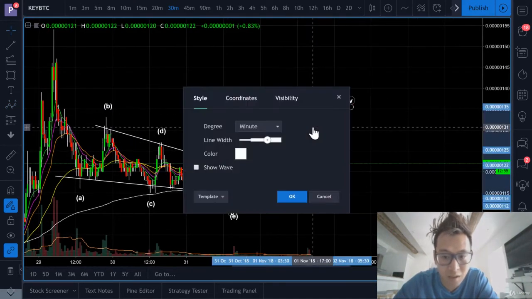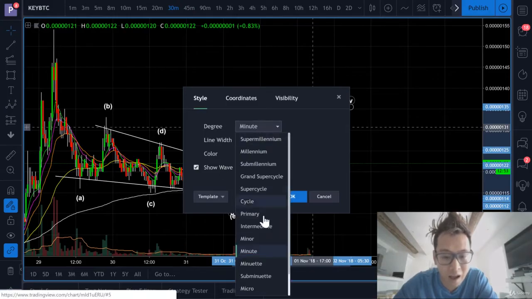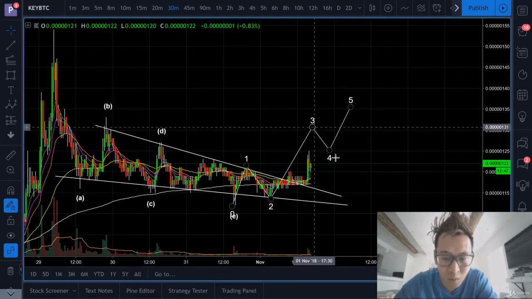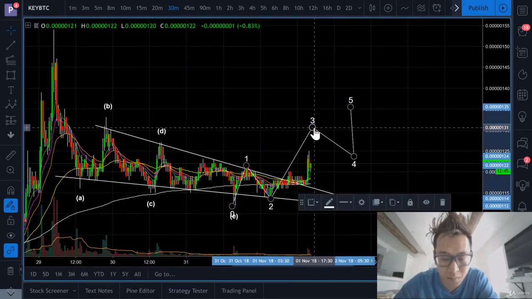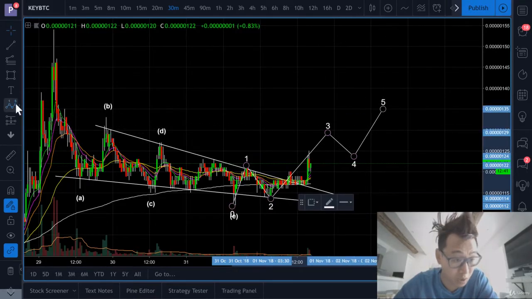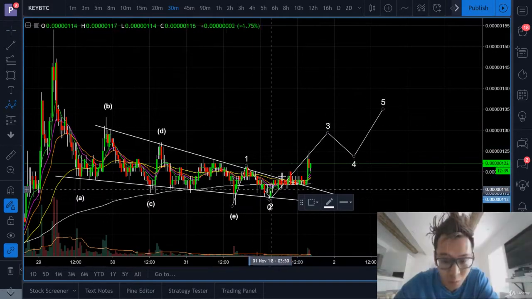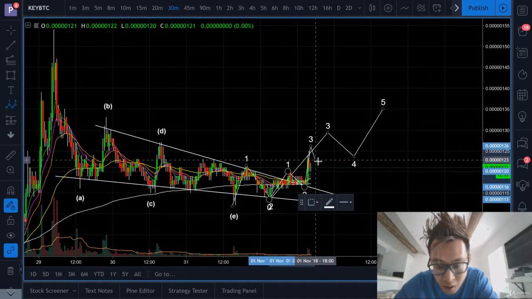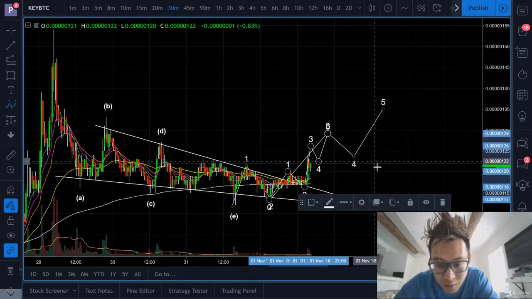Now, if it does something like that, what I highly recommend for you guys to do is to wait for the retracement, okay? Because if we want to break this down as much as we possibly can, which we'll try to right now, just for example, we're going to say, okay, that's 1, that's 2, that's 3 somewhere up there. Let's see if there's a 4 and if there's a 5.